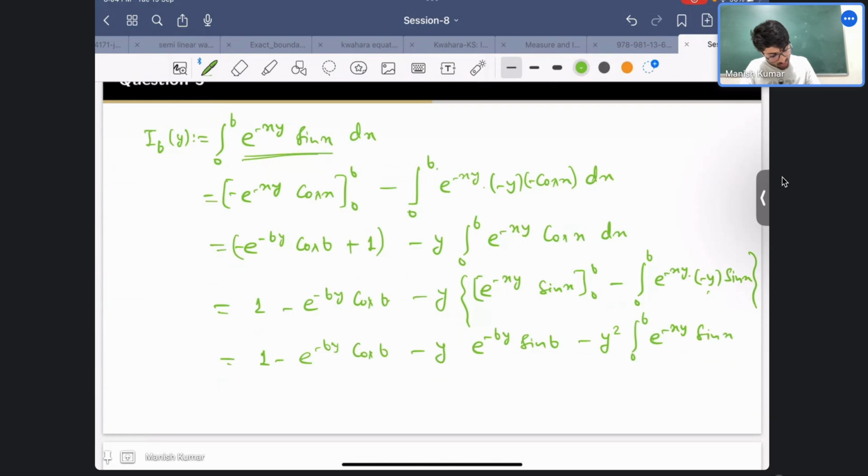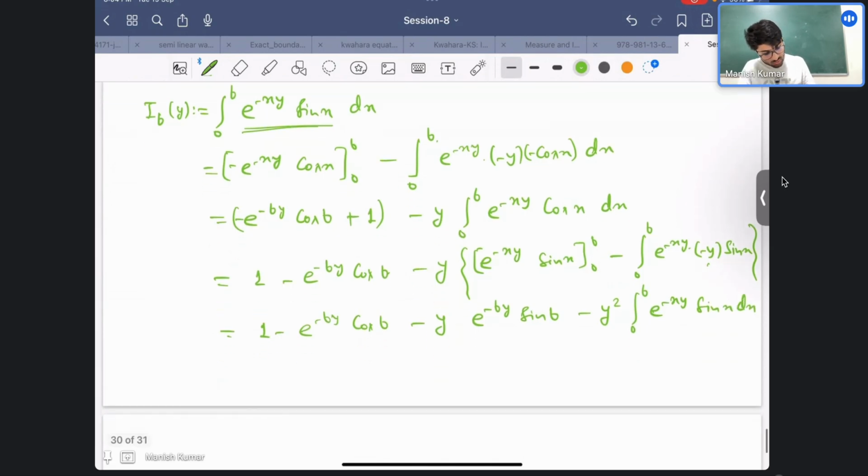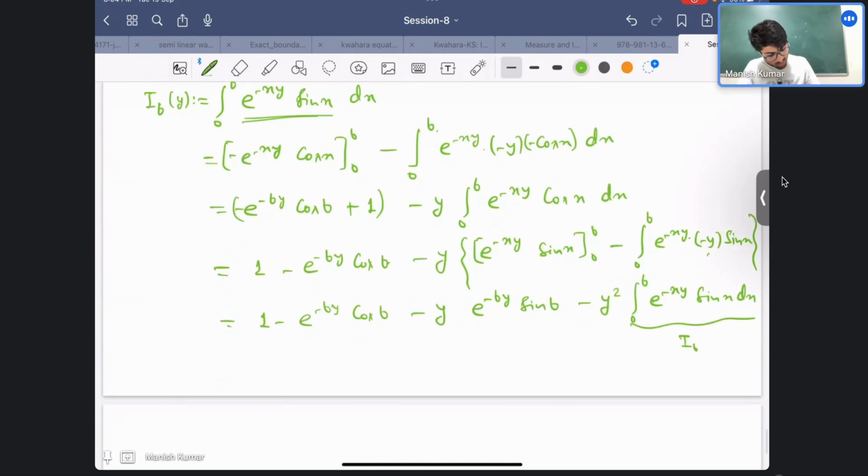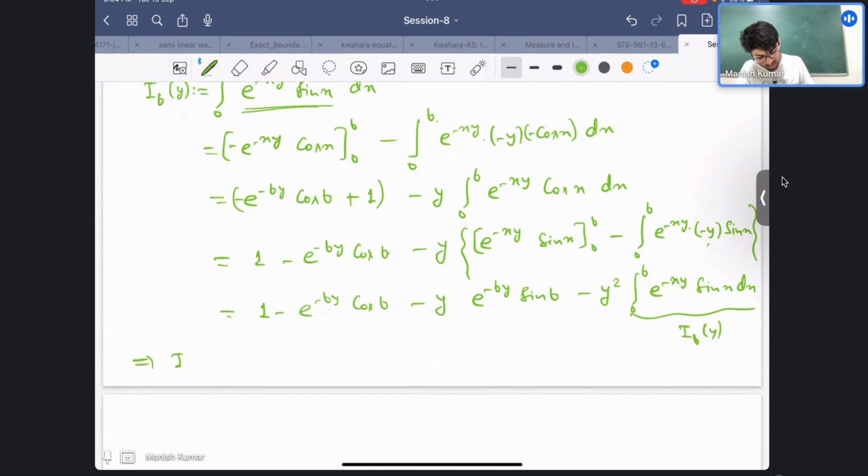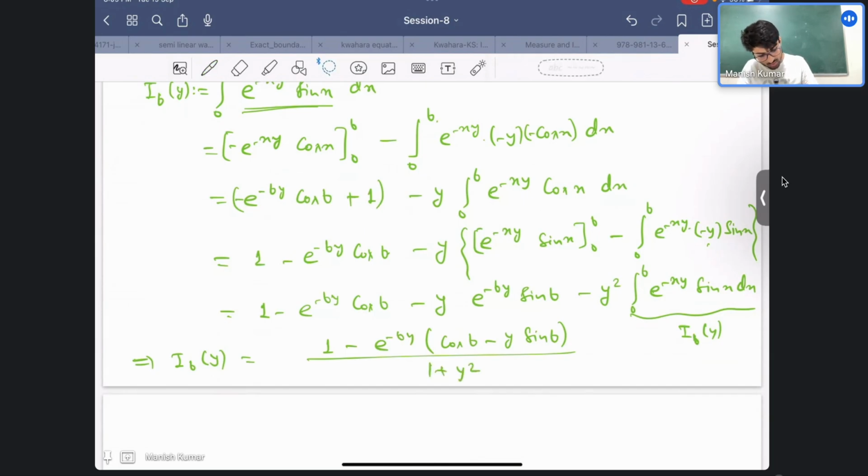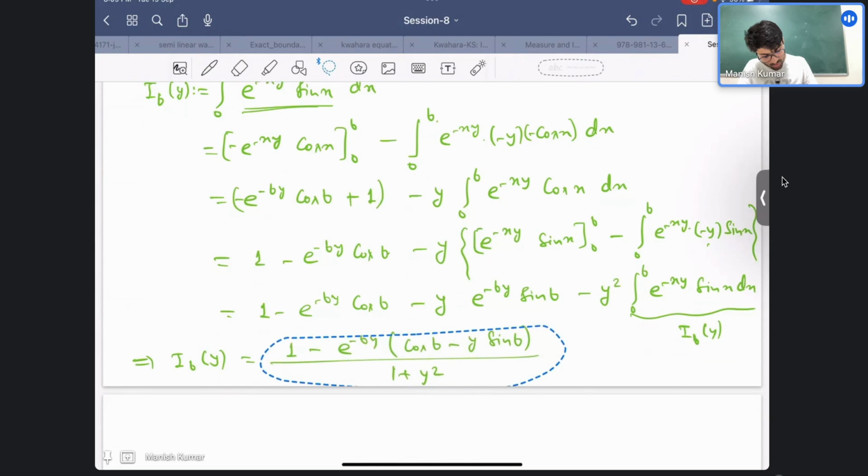So this is again I_b(y), the same quantity. So ultimately what you get is I_b(y) equals 1 minus e^(-by) times (cos b minus y sin b) in the numerator, and in the denominator you will have 1 plus y square. This will be the value of I_b(y).